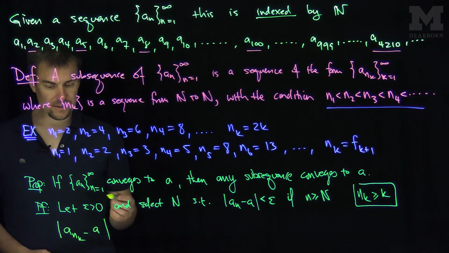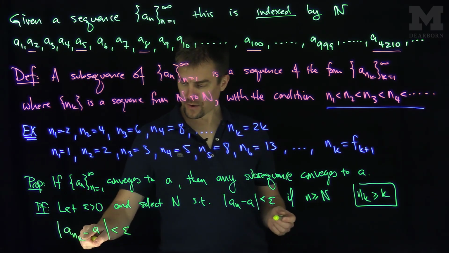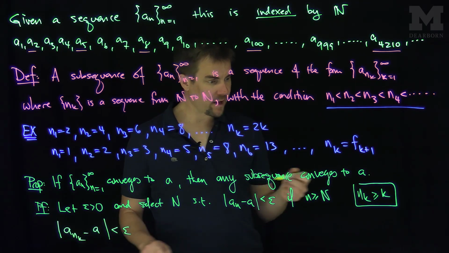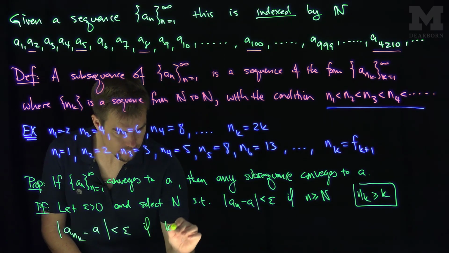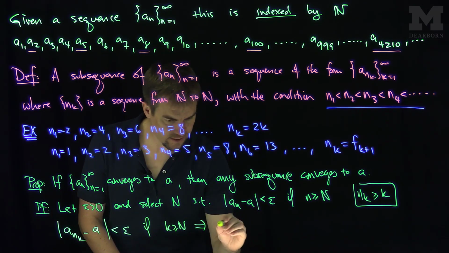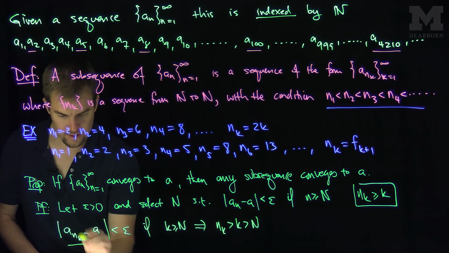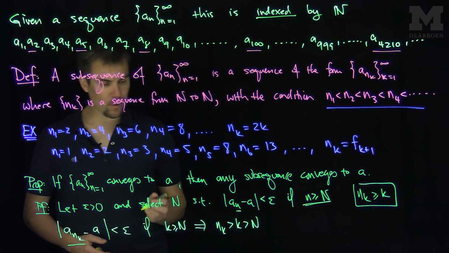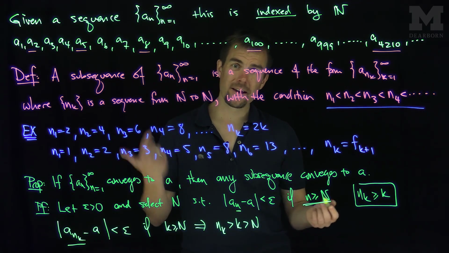I claim that this is less than epsilon if this value k is bigger than N. Because if k is bigger than N, this implies that n_k is bigger than k is bigger than N. And so n_k is in the same regime as the n is in the original sequence, which implies that this inequality is true. And that shows that the subsequence a_{n_k} converges to a.